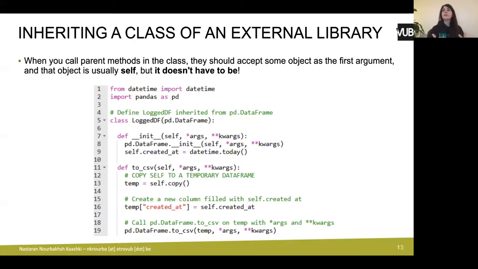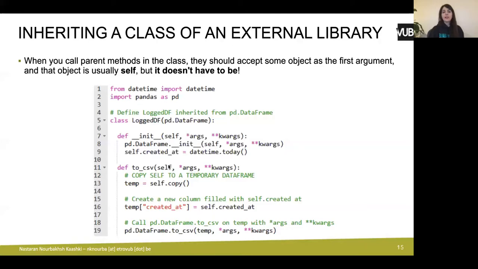So with this example, I want to show you that you don't have to pass self every time to the methods of the parent class. Look at this one. I'm creating logdf, calling the constructor of the DataFrame, creating a new instance variable for myself, and I'm writing a new function for my logdf.